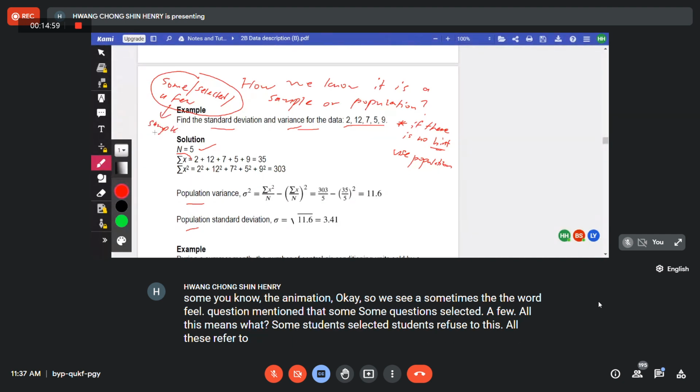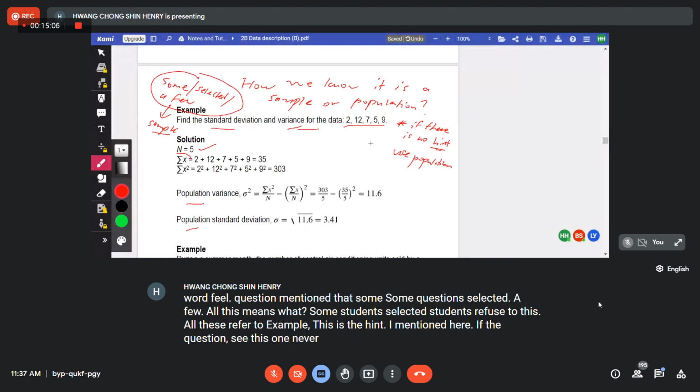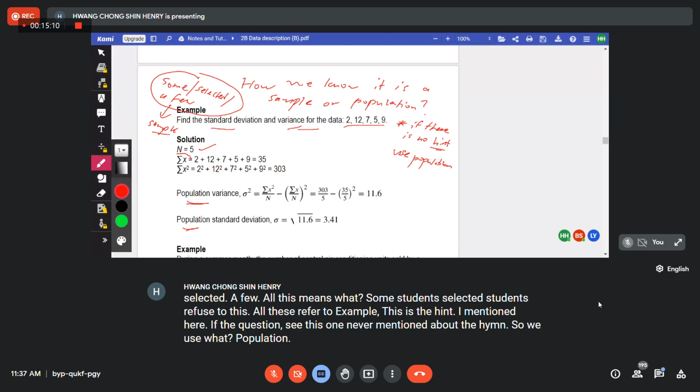This is the hint I mentioned here. If the question never mentioned the hint, so we use what? Population. Anyone don't understand? Okay, very good. So we use population.